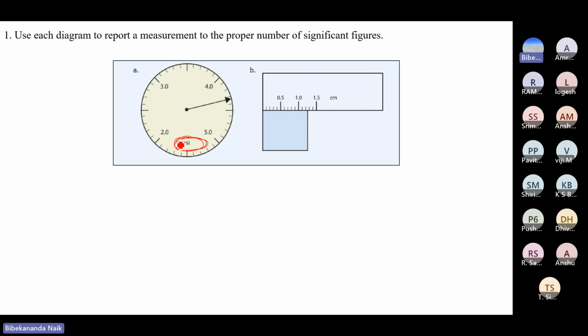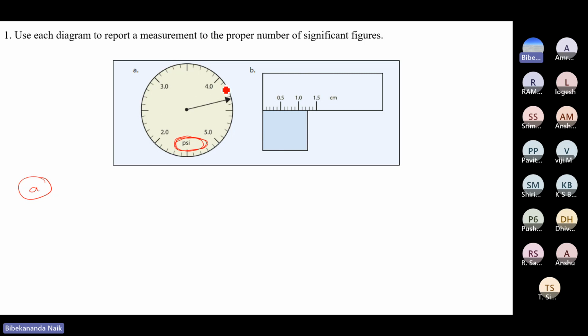Can anyone tell me which physical quantity is measured in terms of PSI? PSI stands for pounds per square inch, and it is basically a measurement of pressure.